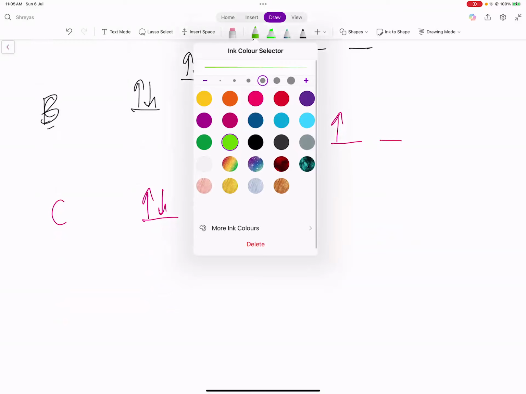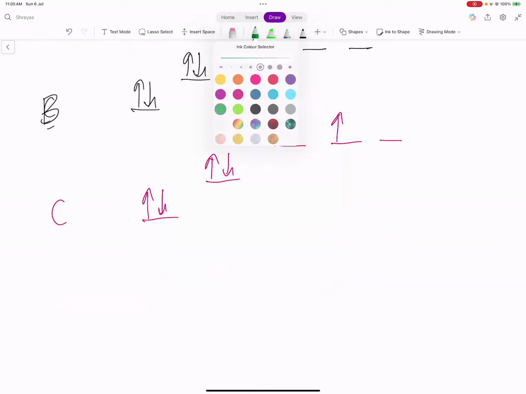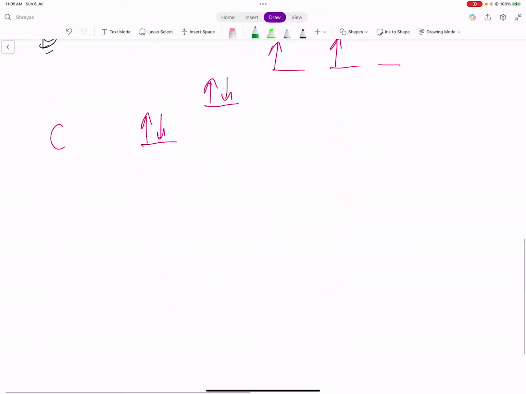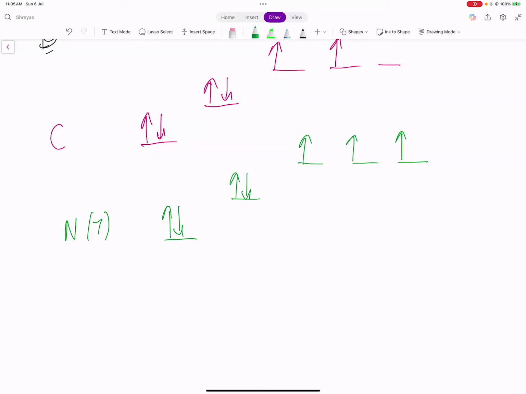Now let's go to nitrogen. 1s, 2s, 2px. And this is only for degenerate orbitals. 2px, 2py, 2pz are all degenerate, even in multi-electron atoms, because n plus l is the same and n is also the same, right? Nitrogen is 7.